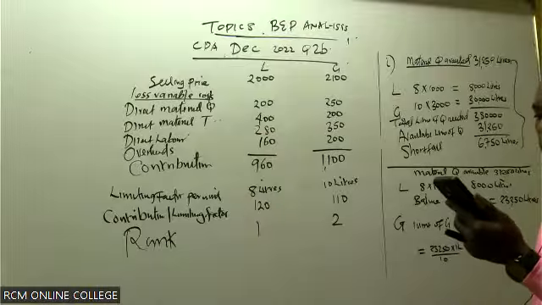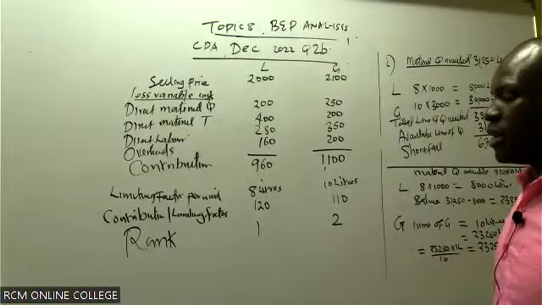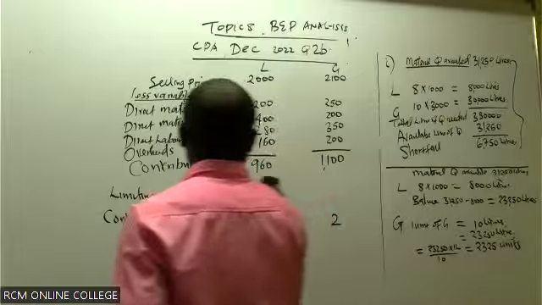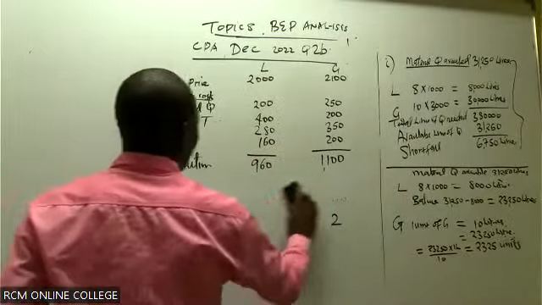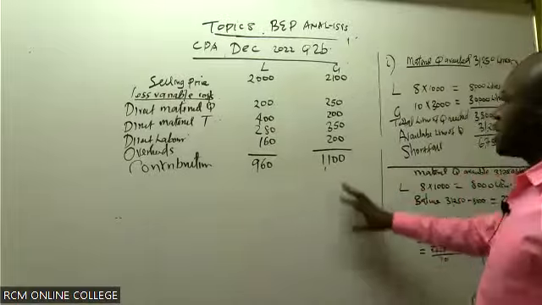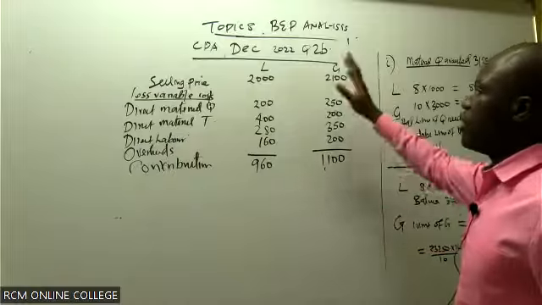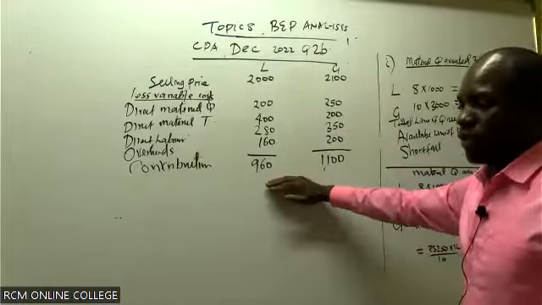Then we get to Roman 3, the net profit at optimal production mix. Tulisema nini? Net profit at optimal production mix. You repeat the same thing, but stop at that point. For my case, I'm just going to go with this, but for your case, do this up to this point here.